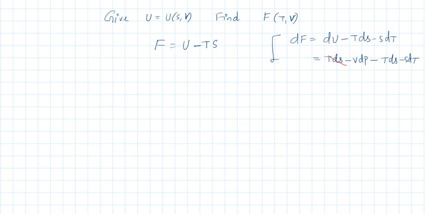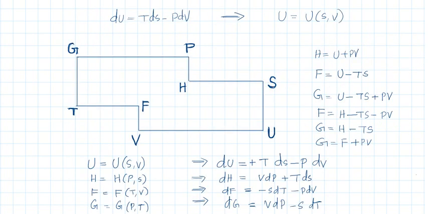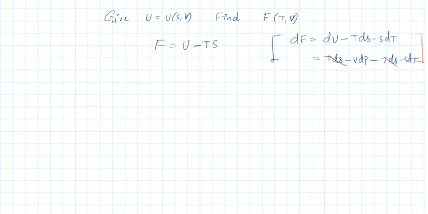So in the original function, if it is a positive quantity, then you have to put a negative sign here. In U, internal energy, S is positive. So you have to put a negative sign here. Then only your TdS will cancel and eventually F will become a function of V and T.